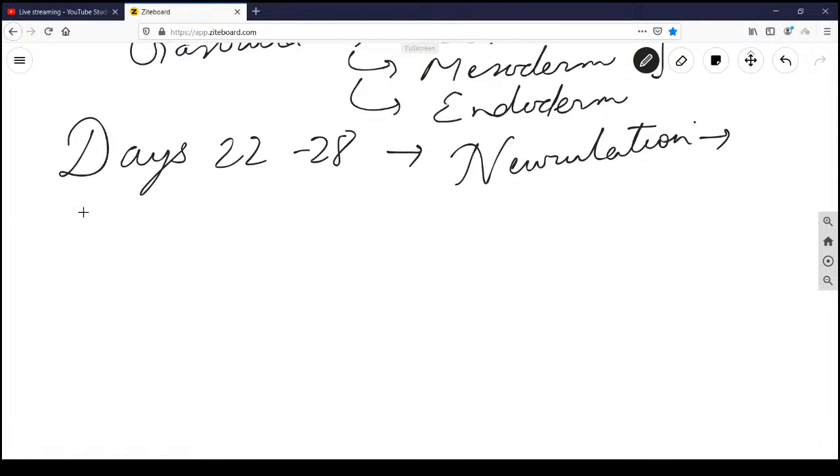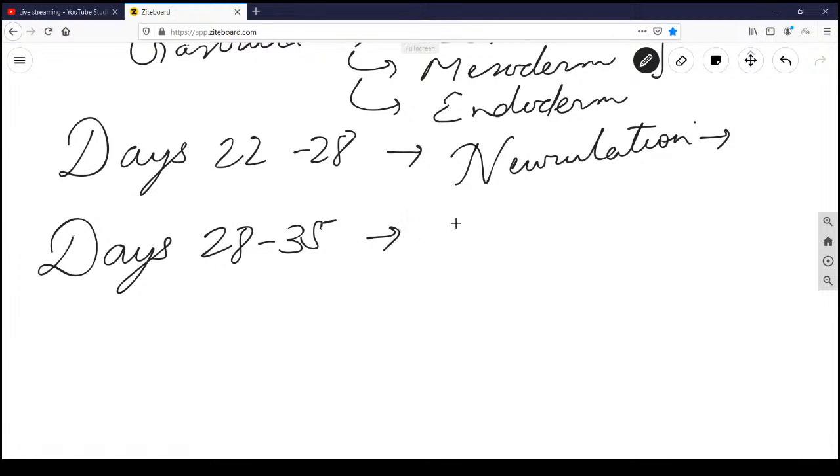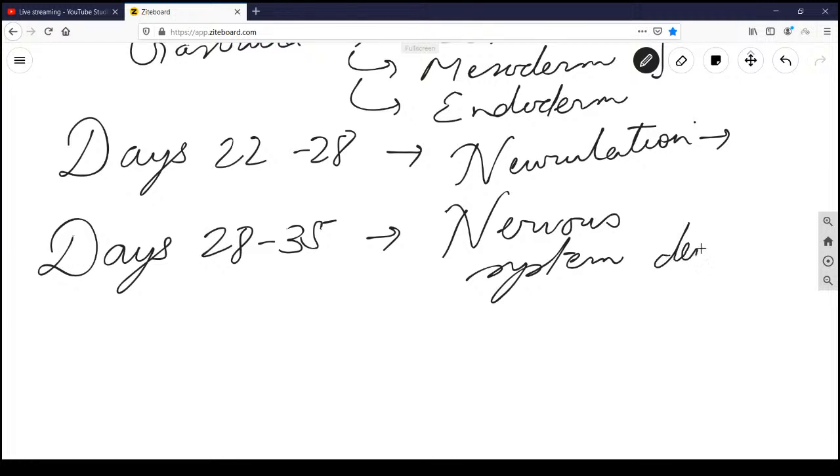Then days 28 to 35, you have nervous system development, the eyes start to develop, leg and limb bud development, the spinal column and ribs begin to form, the peripheral nervous system develops, the stomach develops, then the external genitalia begin to develop as male or female, meaning at that point in time you get the sexual demarcation.